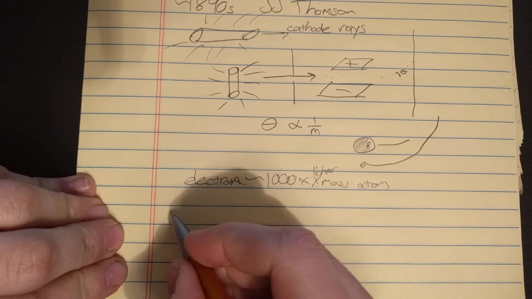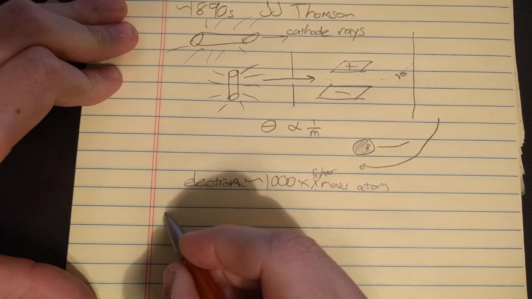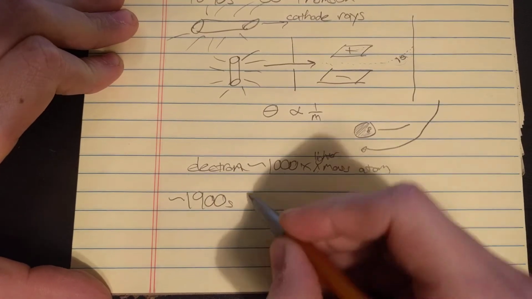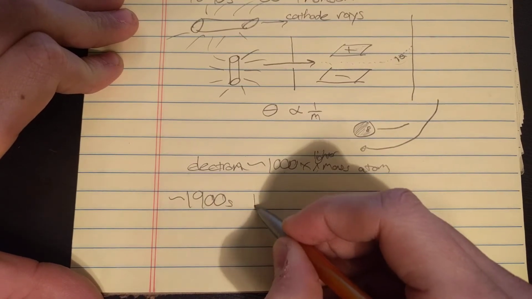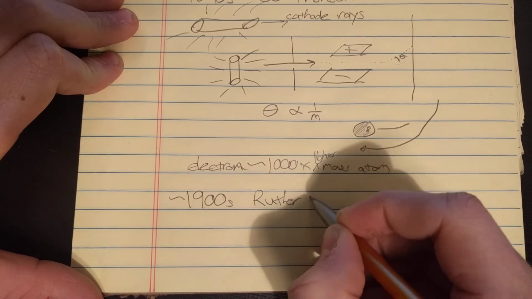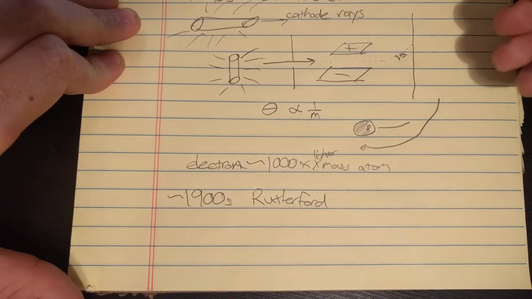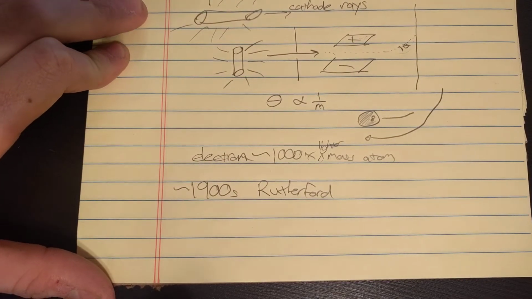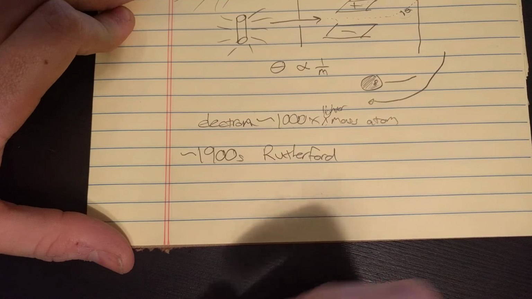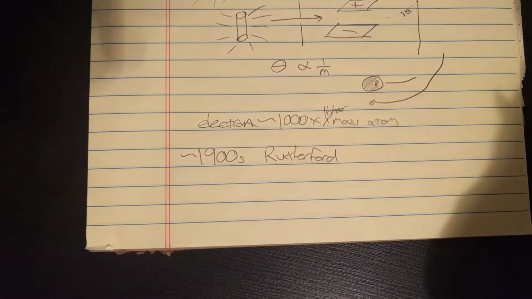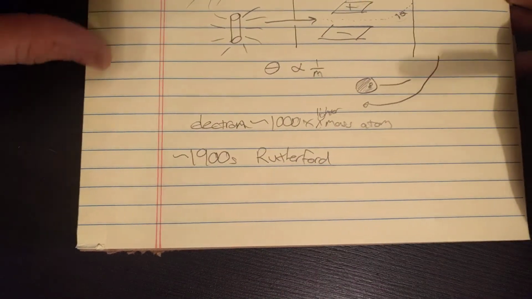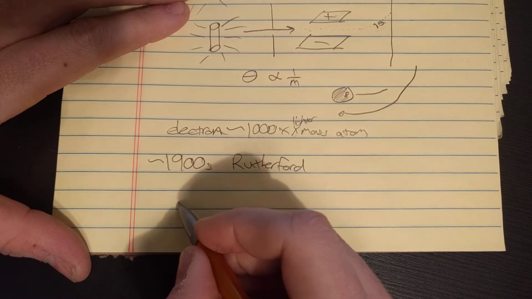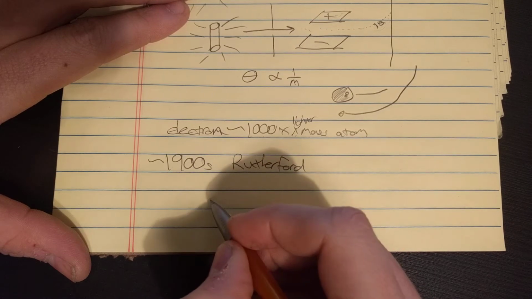Now J.J. Thomson had a student called Ernest Rutherford, and around the first decade of the 20th century, Rutherford was working under J.J. Thomson, but then he left and went somewhere else and did his own experiments. He performed the following experiment. It was known that there were things that emitted so-called alpha rays.